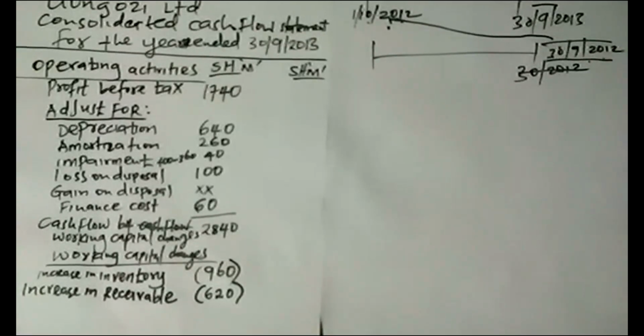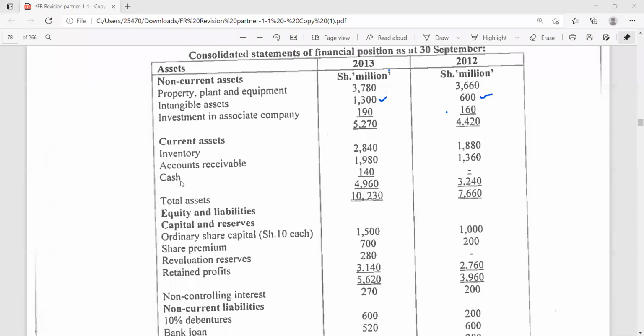Another item, cash. Cash, you cannot consider. Why am I not considering cash?